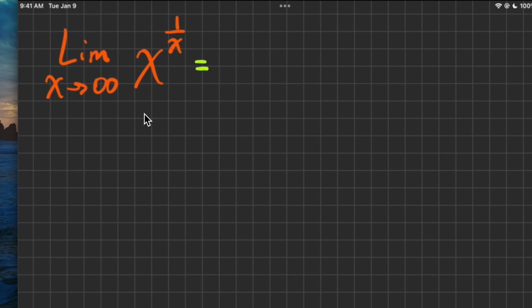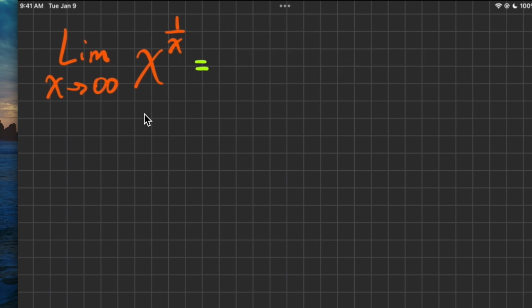Originally, we could try plugging in infinity, and we're going to have infinity to the 1 over infinity power. Whenever you have 1 over a huge number in the denominator, that entire fraction goes to 0. So we have infinity to the 0 power, which is indeterminate but not L'Hopital-friendly.